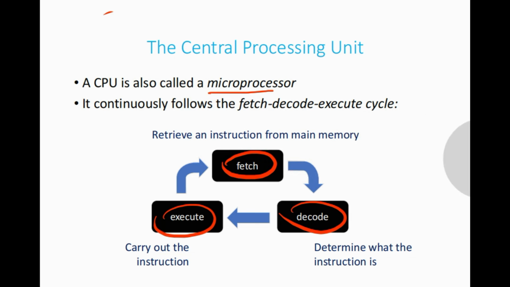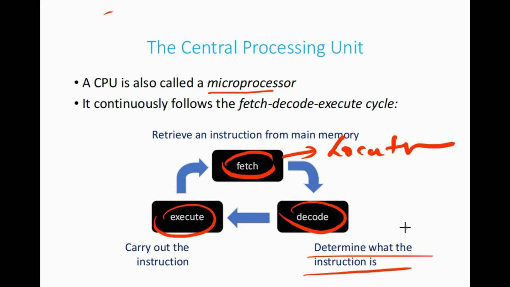Fetching is locating the instruction. And then decoding is determining what the instruction is, trying to understand what the instruction is. Because the instruction register stores the next instruction that is coming. So it will be the duty of the CPU to call the next instruction according to the instruction register.